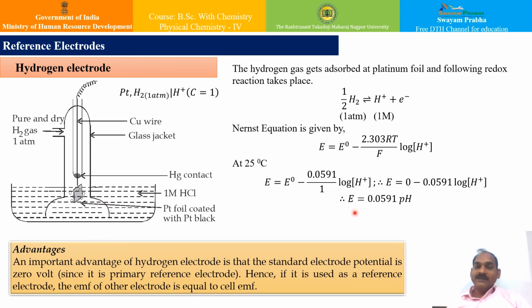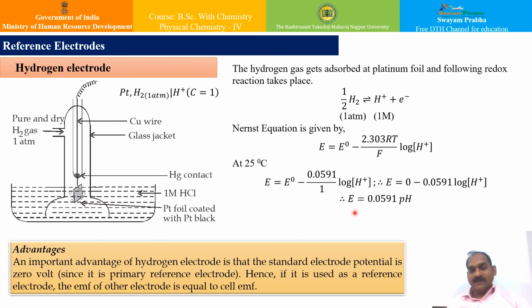Also, there are certain disadvantages. What are the disadvantages associated with its assembly? This hydrogen electrode is made up of a delicate glass assembly, and it is difficult to handle.